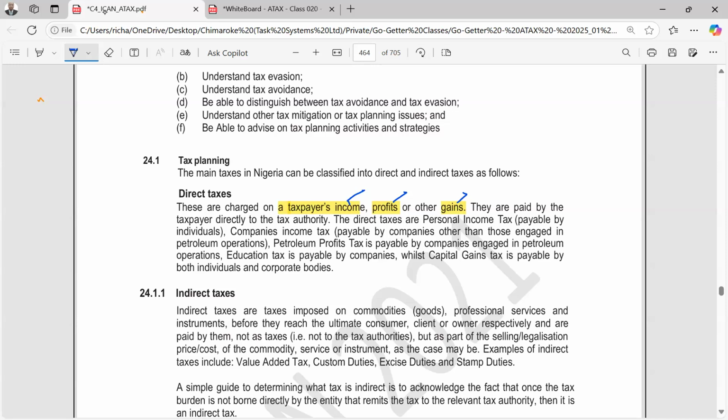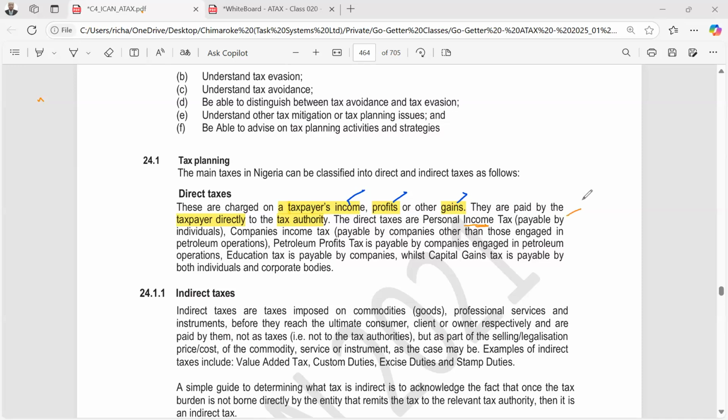Another thing here is that the taxpayer pays directly to the tax authority. The tax authority could be the FIRS or the State Internal Revenue Service. Now, the direct taxes are, we have the personal income tax, called PIT.